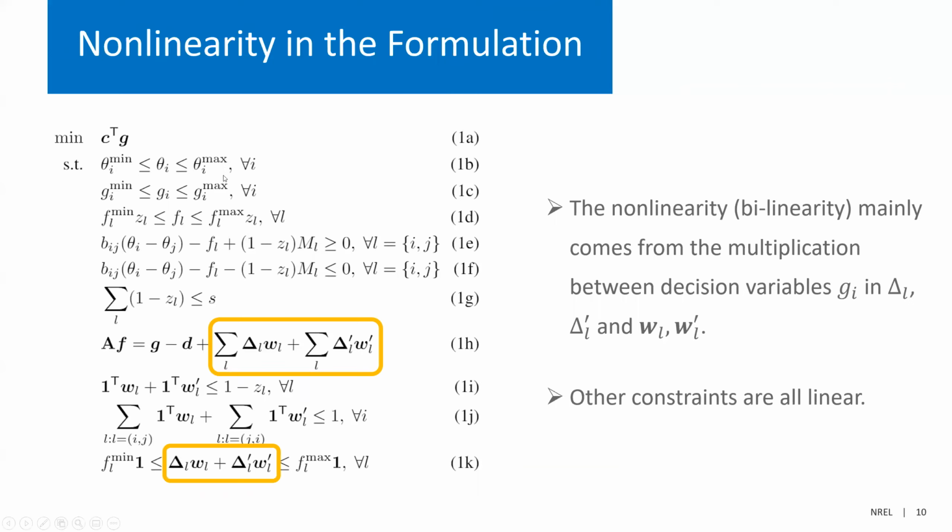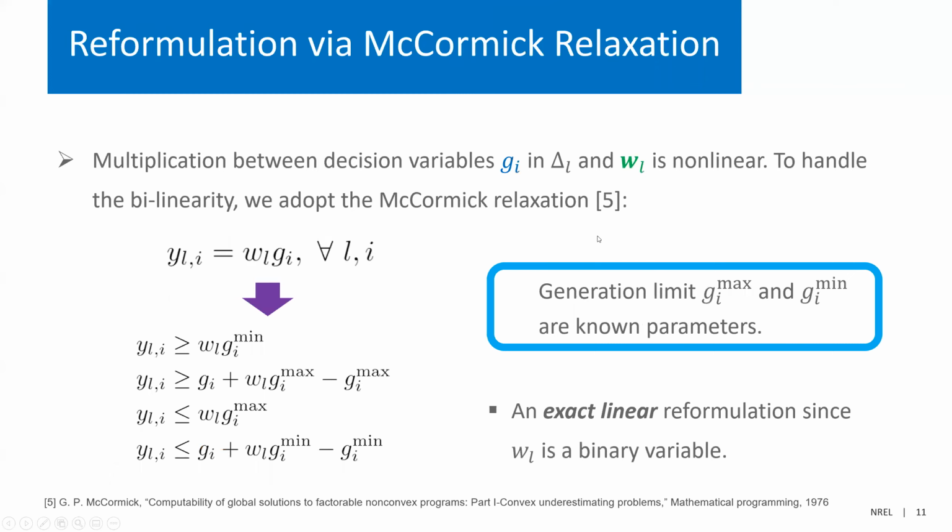Most of the constraints in this optimization problem are linear, except for 1H and 1K. They're nonlinear because of the multiplication between delta L and WL. To deal with this bilinearity, we decide to use the McCormick relaxation, which is described here. Normally this relaxation technique is just a relaxation, it's not exact, but in our problem, because W is a vector of binary variables, it gives an exact linear reformulation.